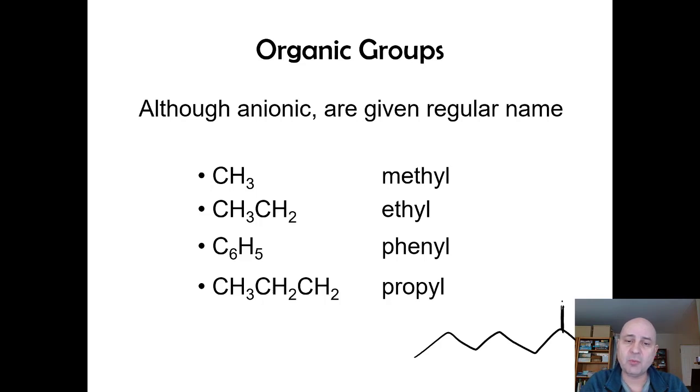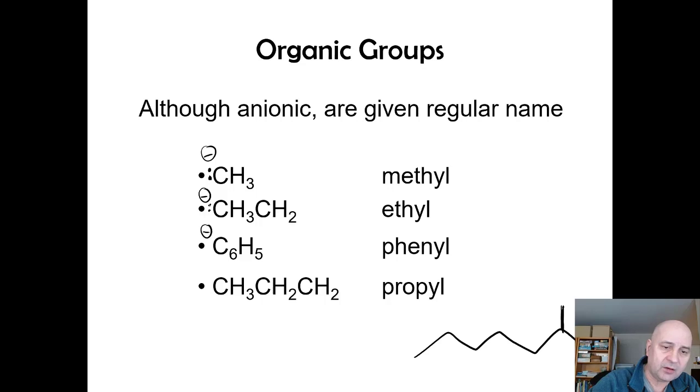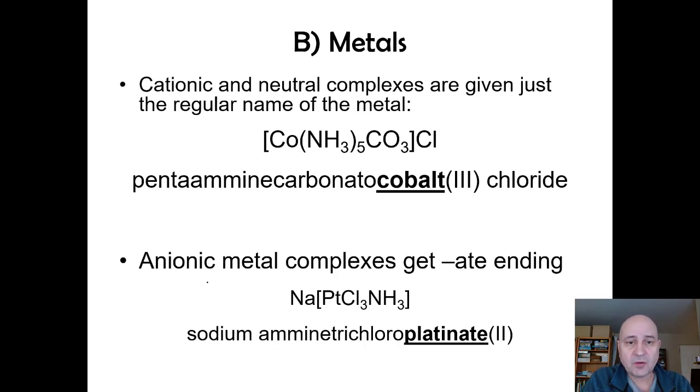But in the coordination sense, they will be anionically charged, with an electron pair that coordinates into those d orbitals, and so we give them the same name as we would alkyl groups from organic chemistry.